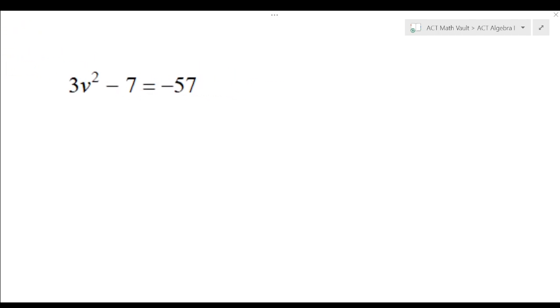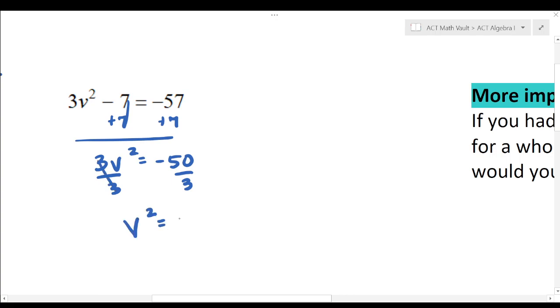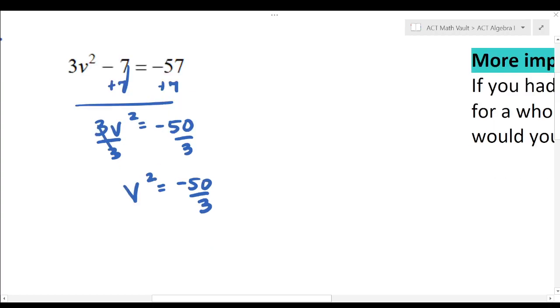Okay, how about this one? So if I do the same steps, add 7, 3v squared equals negative 50, divide 3 on both sides, v squared equals negative 50 thirds, which can't be simplified. Oh man, so not only do we have a negative, but it's also a fraction.